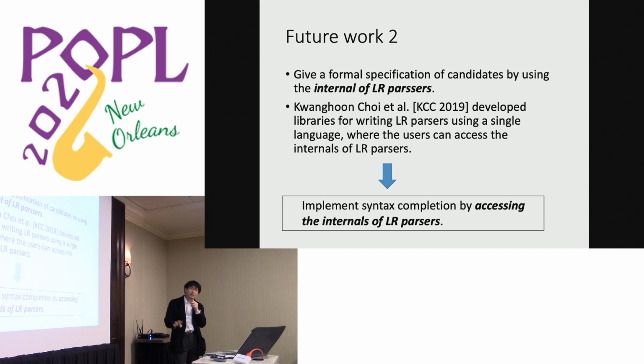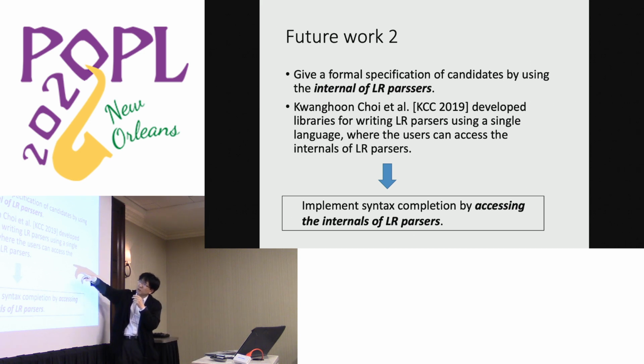Writing parsers can be done just in a single language, not by using a .y file in parsers or that kind. So it is similar to the PLY system in the Python language. The important point is that users can access the internals of parsers by their system. I am planning to implement syntax completion by accessing the internals of parsers with their tool.